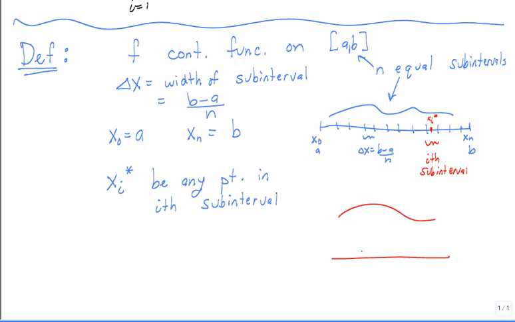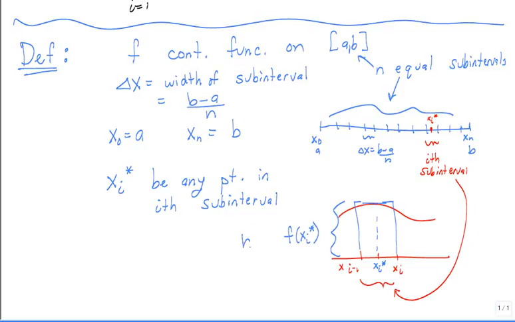When we draw our function, say this is xi minus 1, and this will be xi. This will be the ith subinterval. We pick a point right here, xi star, and go up, and that's how we're going to draw our rectangle. This distance here is f of xi star. That's going to be our height, because this function is f of x.